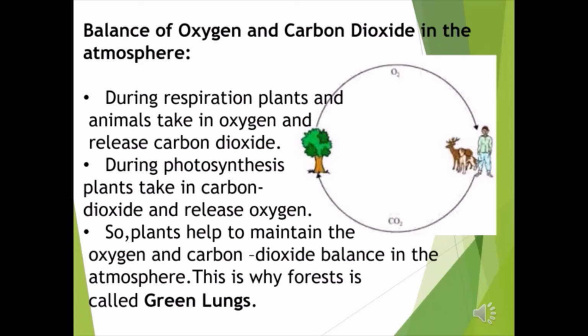So here in the diagram, these plants release oxygen during photosynthesis, and that oxygen is utilized by the animals and we humans, and upon respiration it liberates carbon dioxide which is again consumed by the plants during photosynthesis. So the plants maintain the oxygen and carbon dioxide in the atmosphere, and that is why forest is called the green lungs.